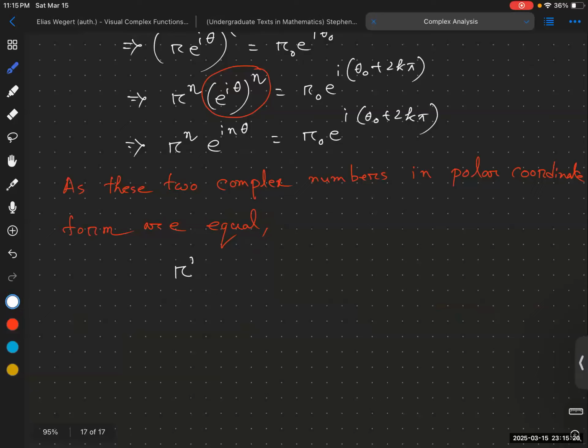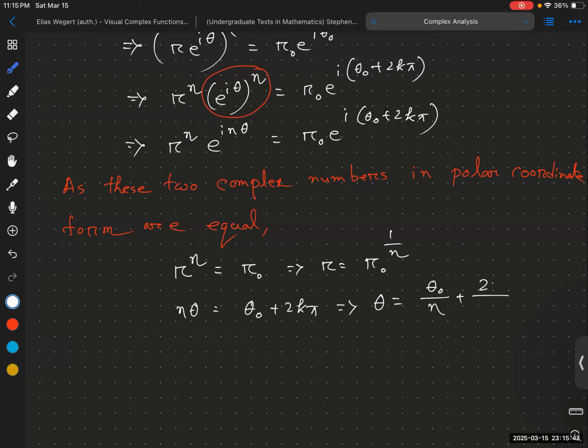That is, r to the power n is r naught, which means r is r naught to the power 1 over n, and n theta is theta naught plus twice k pi. That is, theta is theta naught divided by n plus twice k pi by n.